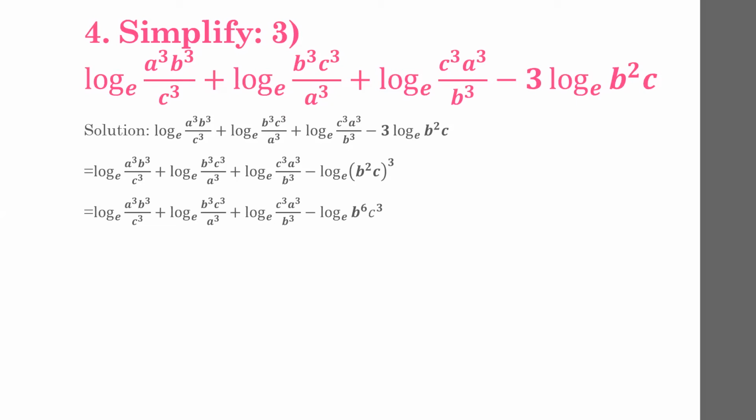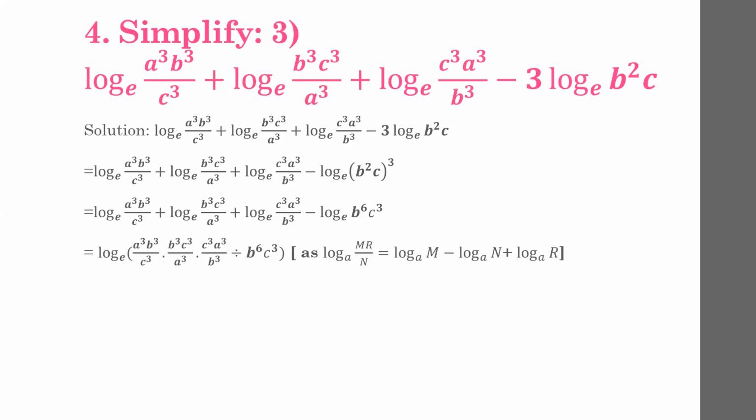The first 3 terms remain unchanged. Now we can see we have 4 logarithms. There are plus and minus between them, and e is the base of every term. So we can apply the formula of quotient and multiplication of logarithm. We can write log e based a cube b cube by c cube. We will add a multiplication in place of addition, so multiplication b cube c cube by a cube.